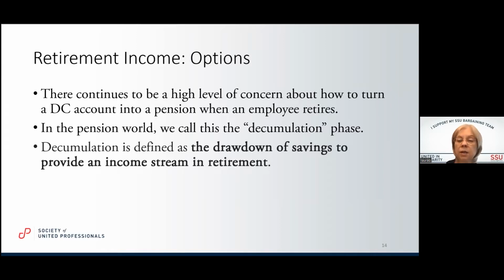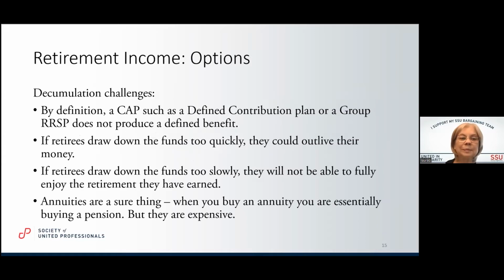Basically, you're just looking at a pot of money, which represents the contributions and the investment returns over a career. In the pension world, we call the retirement phase the decumulation phase, which of course is the opposite of accumulation. That actually is a word. I don't think it always was, but someone has decided it's a word. It is defined as the drawdown of savings to provide an income stream in retirement. Sounds simple, but not so much.